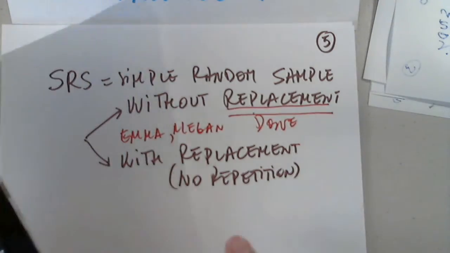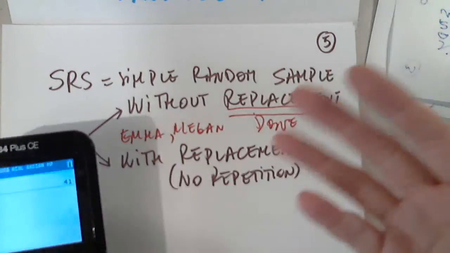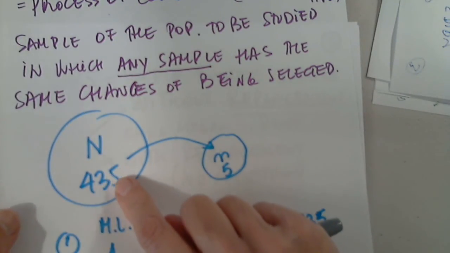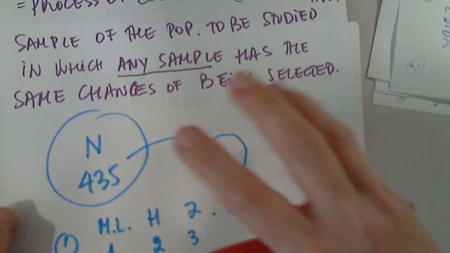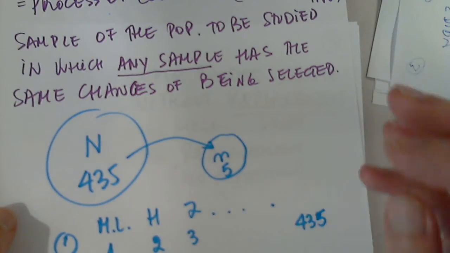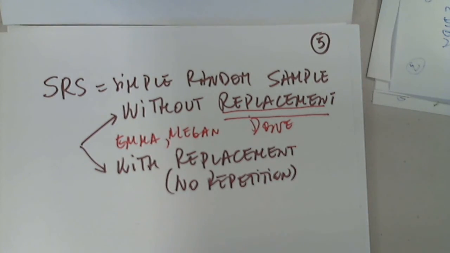So let's suppose we are interested in selecting or creating a simple random sample of 5 from 435 without repetition. Once I take a sample of 5, they're done. I don't put them back in the pot to select them again potentially. So we'll select number 8.